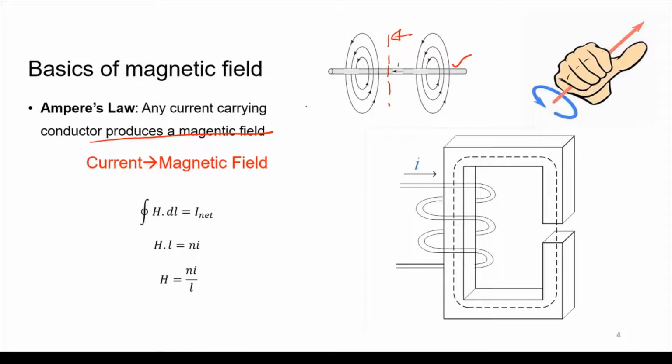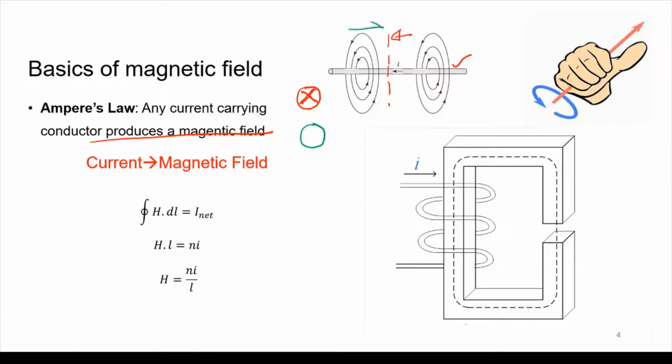Then I have to draw in this cross section of the conductor a symbol like this, which means the current is going into the screen away from me, and we denote it like a cross. Now let us say I look at it from this side.